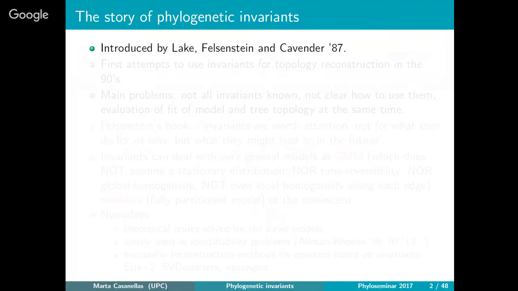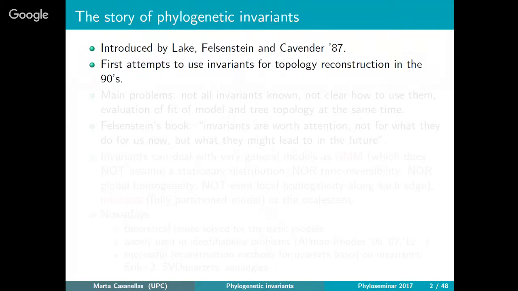They were introduced by biologists in the 80s by Lake and independently by Cavender and Felsenstein. And afterwards, there were some attempts to use invariants and some developments on phylogenetic invariants in the 90s, but some simulations, some results on simulated data concluded that they were not very useful to obtain the tree topology.